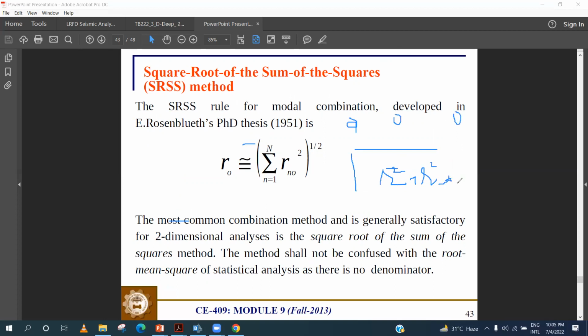For example, if you are taking displacement, one has moved 2 millimeter, another 3 millimeter, and the other one has -4. So you will square them, add them, and take the square root of all these values. This will be the resultant response.